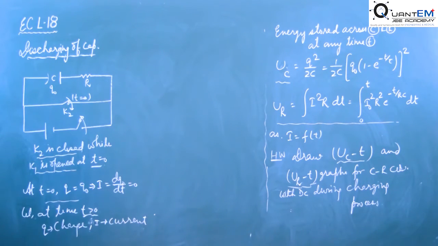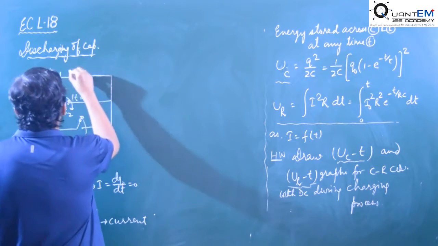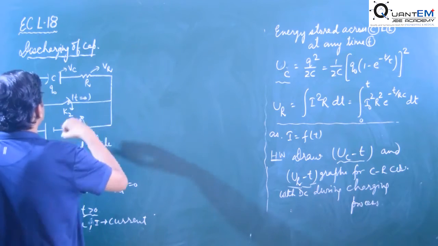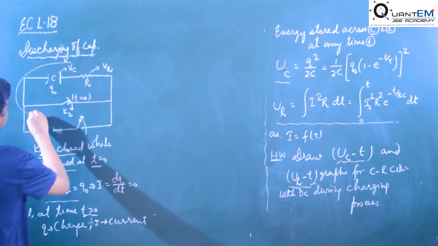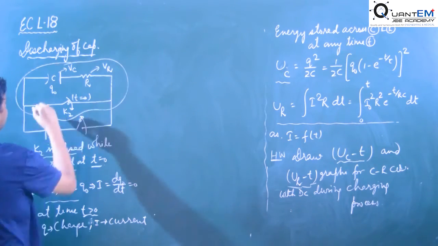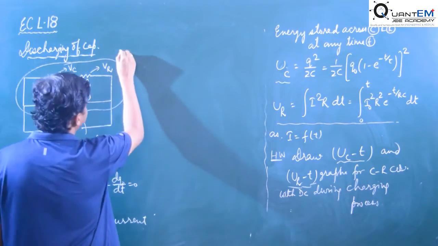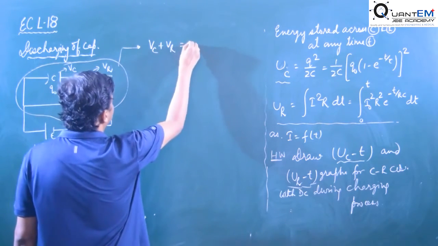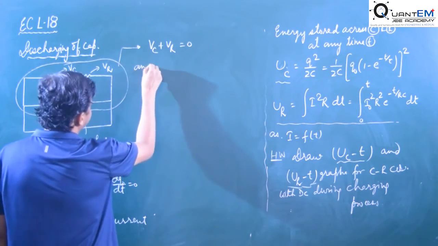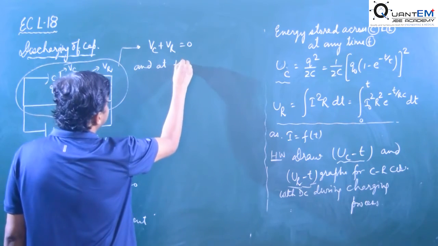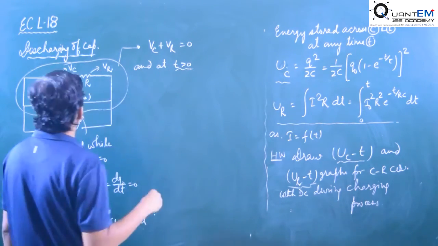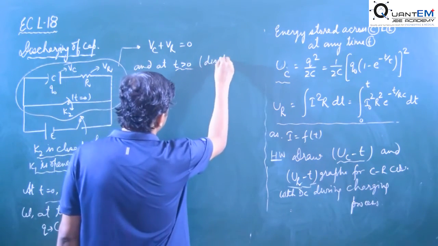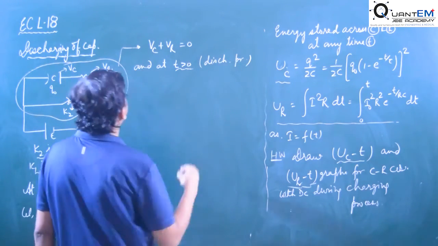Here the potential drop is Vc, and here the potential drop is Vr, but we have no supply here. That's why for this circuit Vc plus Vr is equal to 0, and at t greater than 0 the capacitor will be discharged. It is now the discharging process of the capacitor.